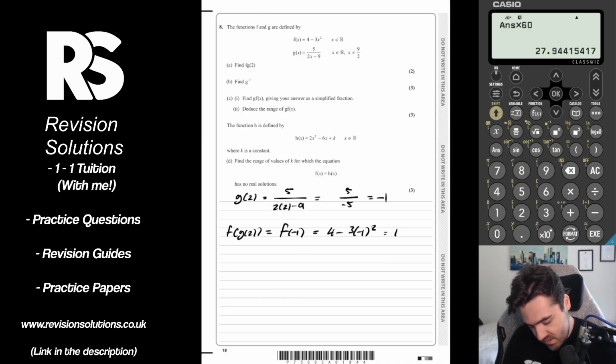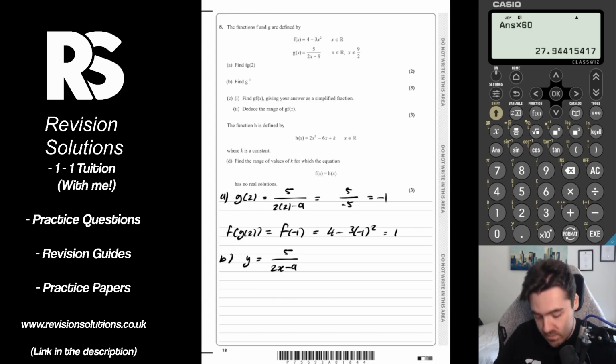Then for part B, that was part A, for part B, we need to find the inverse of g. So let's just write down g quickly. So that would be y equals 5 over 2x minus 9. And then the easy way to find the inverse is if we just swap around x and y and then rearrange back for y.